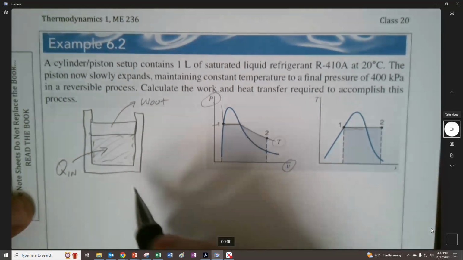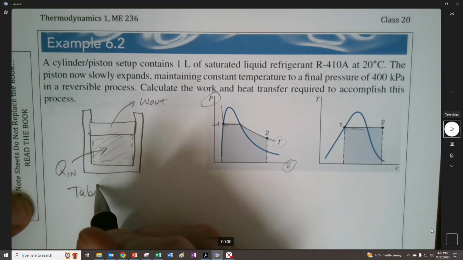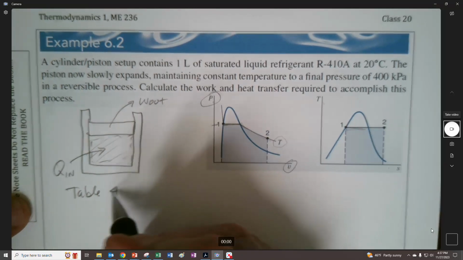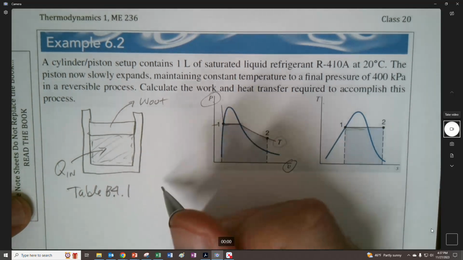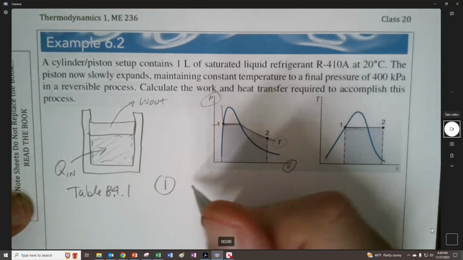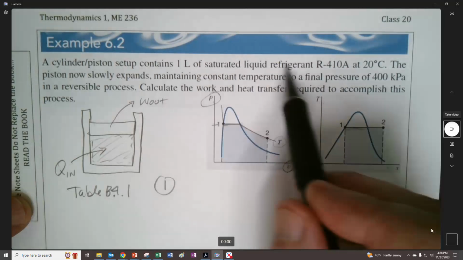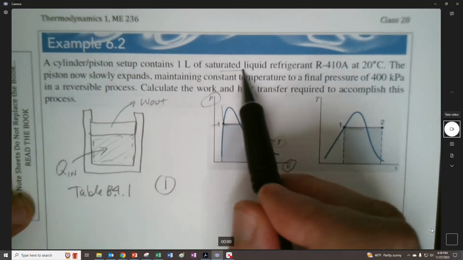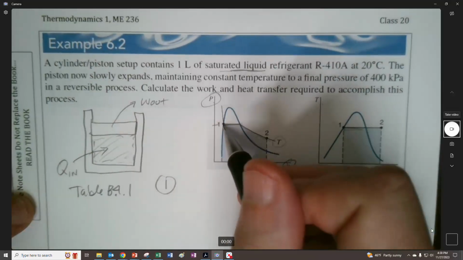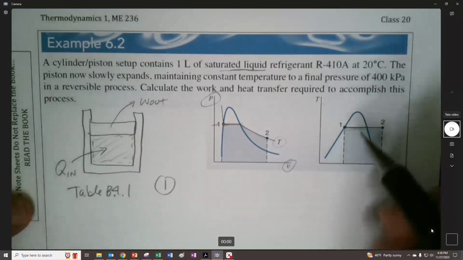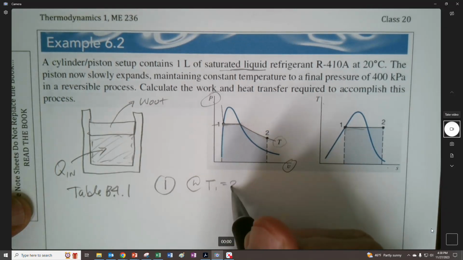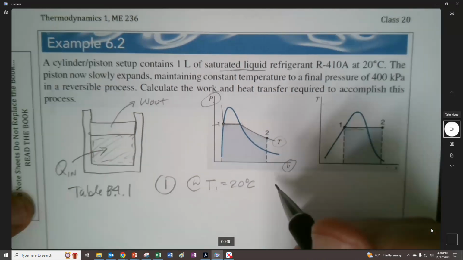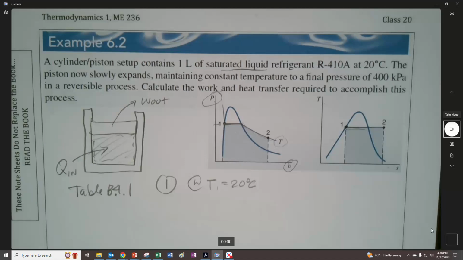So we're going to take a look at table B.4.1. For state 1, we know that it starts out as a saturated liquid, so it's right there on that point. We're going to look up temperature 20 degrees Celsius, and I might as well work through it as we go.